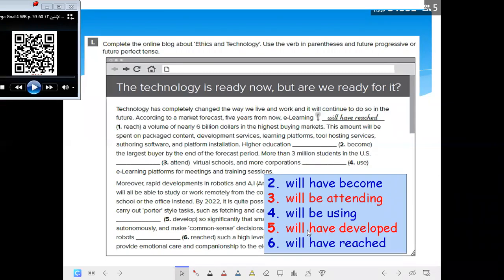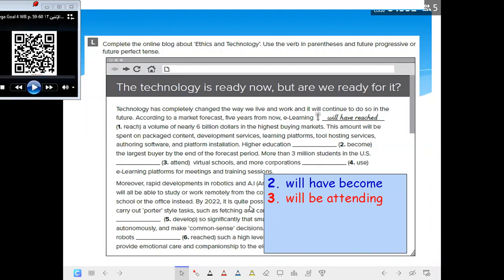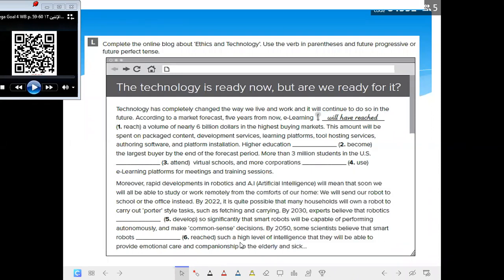Will have reached. Excellent. Such a high level of intelligence that they will be able to provide emotional care and companionship to elderly and sick.